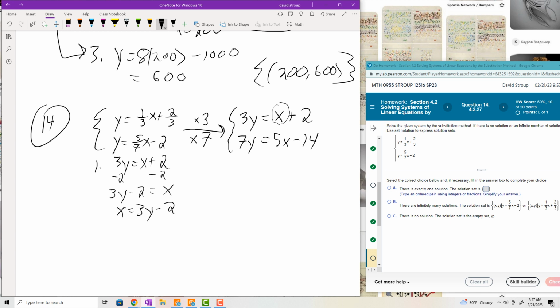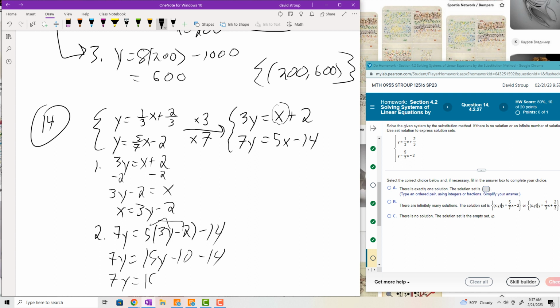Then I'm going to put that into the unused equation, the 7y equals 5x minus 14. So I have 7y equals 5 times x, which is 3y minus 2, minus 14. So I have 7y equals, distribute, 15y minus 10 minus 14. Simplifying, so I'm combining like terms, minus 24.